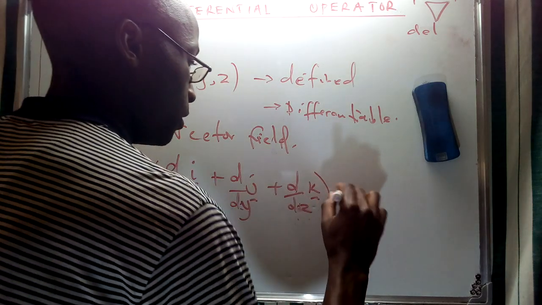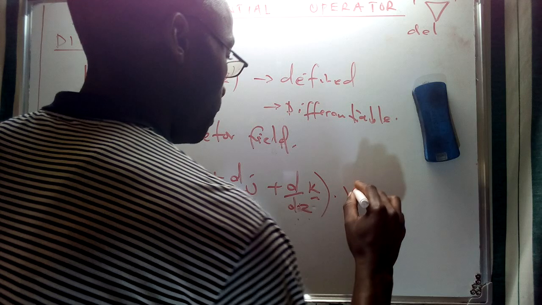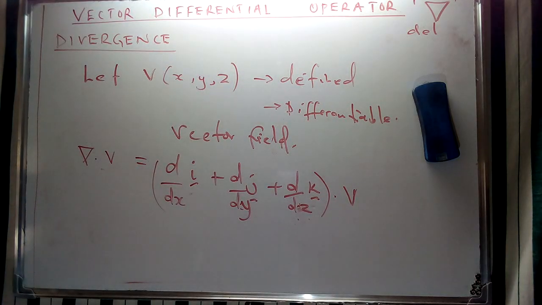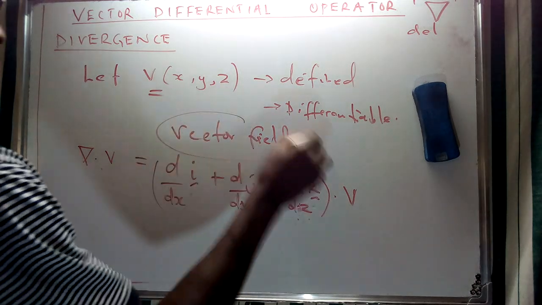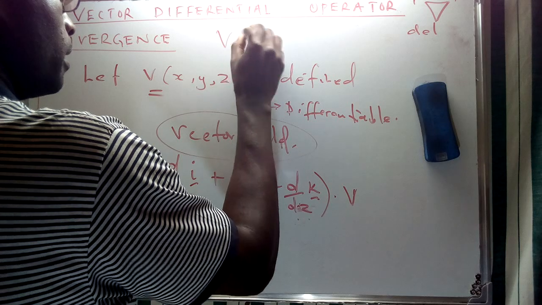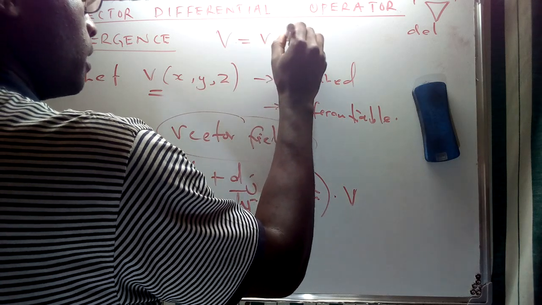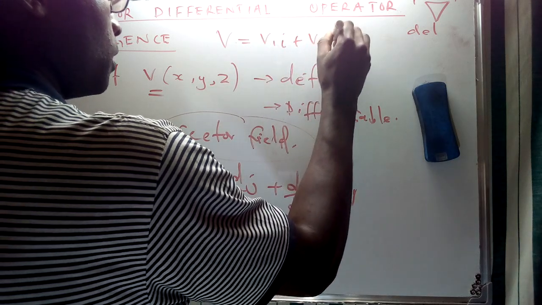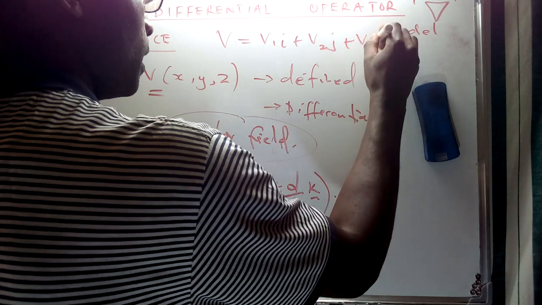This is dotted with v, which is a vector quantity and can be given as v1 i plus v2 j plus v3 k.